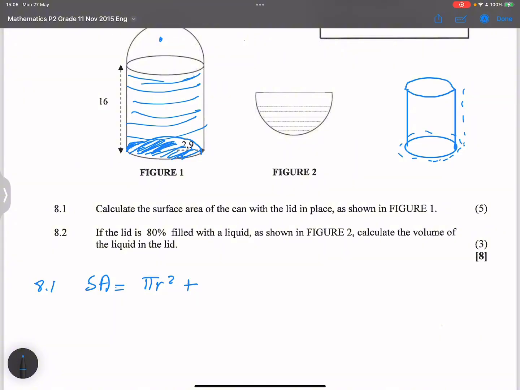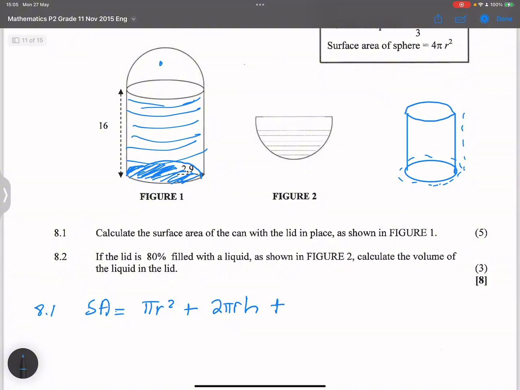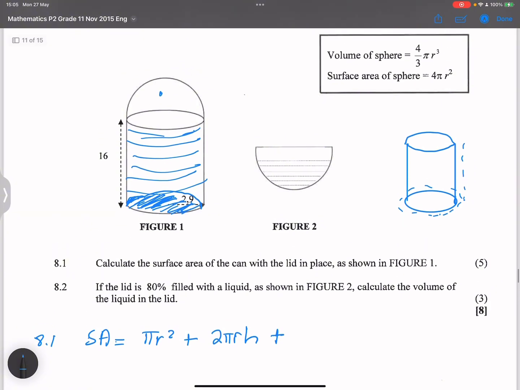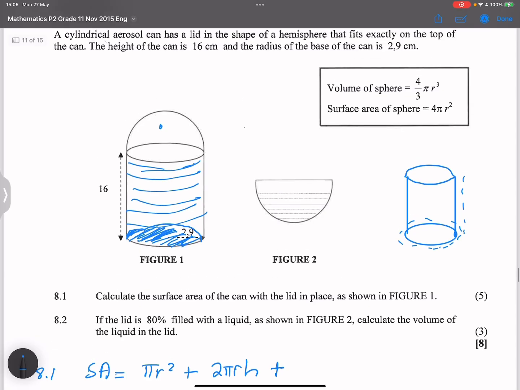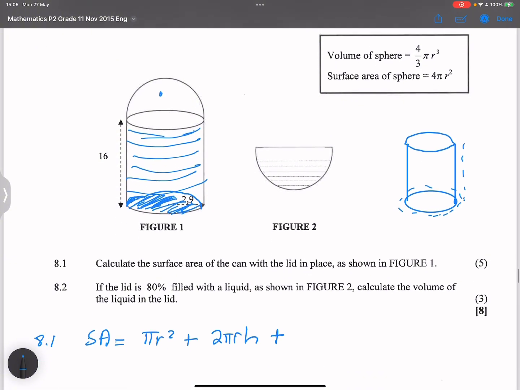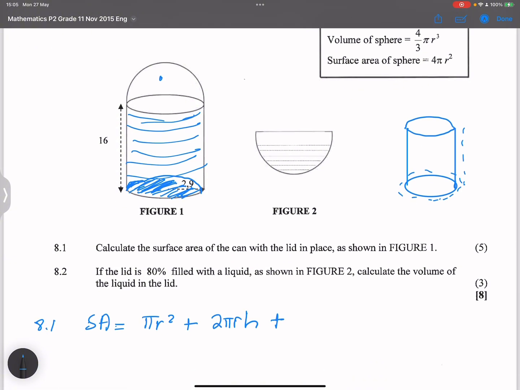So this will be plus 2 pi r times h, which is the height of the cylinder. Plus, now remember, the surface area of a sphere is 4 pi r squared. But remember, this is a hemisphere, so in this case, this is just half of a sphere. This means that we will divide that by 2. Now 4 over 2 gives us 2, so that will be 2 pi r squared.